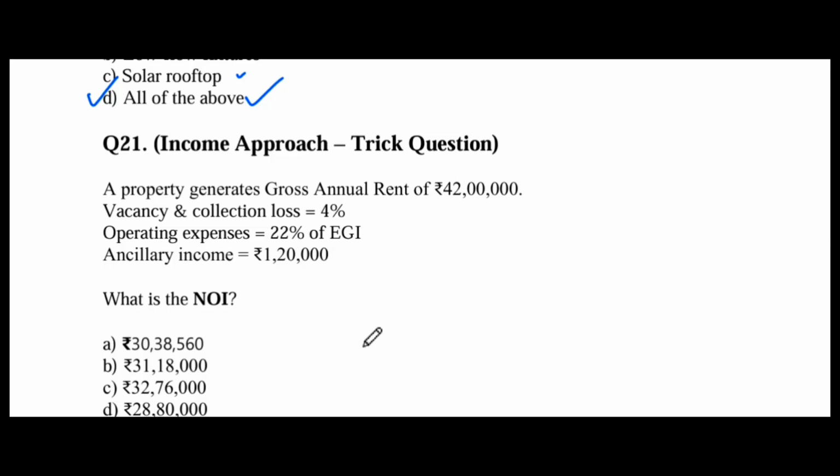A property generates gross annual rent of 42 lakhs. Vacancy and collection loss is 4%. Operating expenses are 22% of EGI. Ancillary income is 1,20,000. So what is the NOI? EGI means effective gross income.